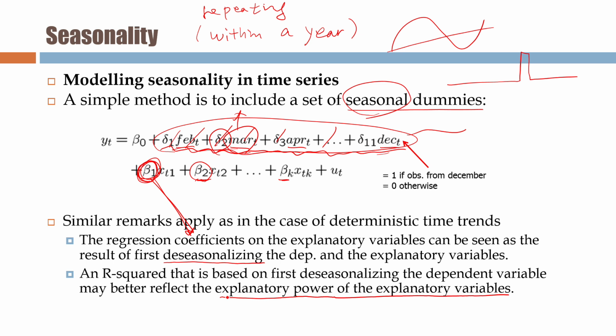Same thing: when seasonality is very strong, then R square is dominated by the seasonality, just like the trend, and you cannot see the real effect of adding x2 or not, x3 or not. You cannot tell. So when you are trying to do model selection, selecting the independent variables, you had better take it out.